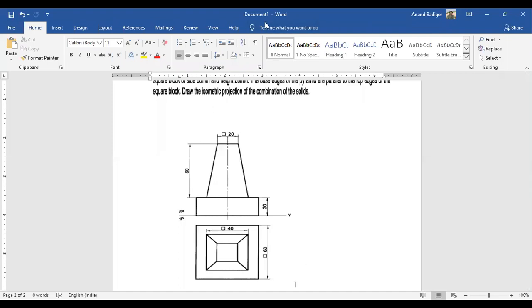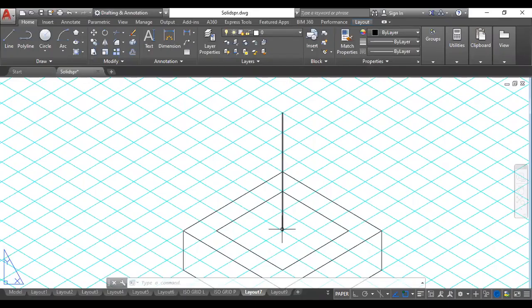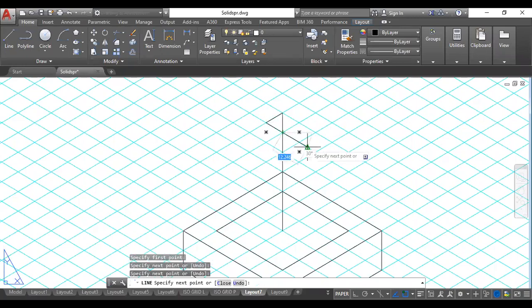So that's what I have done in the software here. I have come from the center to 60. Now from this point I have to draw a box of 20 by 20. This is the center. So from here I'll go 10 mm this side, and from here 10 mm on one side and 10 mm on the other side.